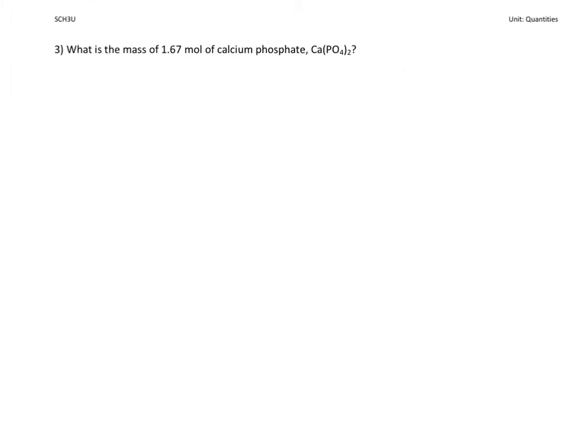So what is the mass of 1.67 mole of calcium phosphate? The first thing I need to do is look at calcium phosphate and the 1.67 mole. To go from mole to mass, I need to use capital M. I need to figure out the capital M of this. So I look at my periodic table, and forgive me if my numbers are a little bit different from what you might have in front of me, I'm just using it off the internet.